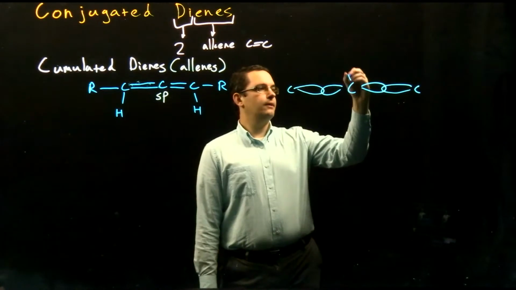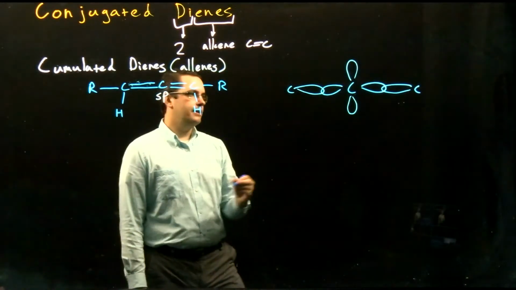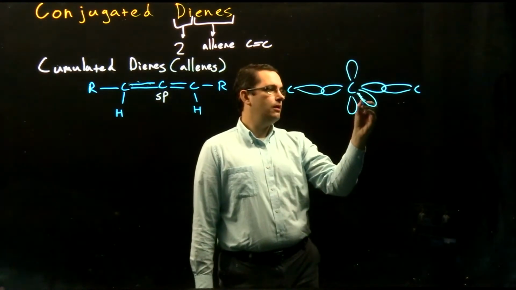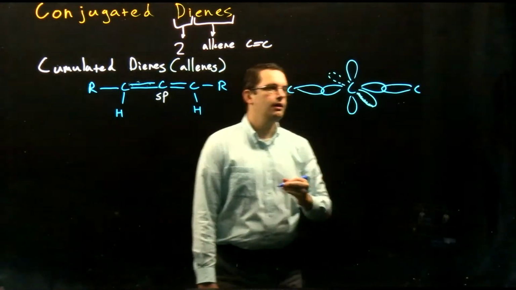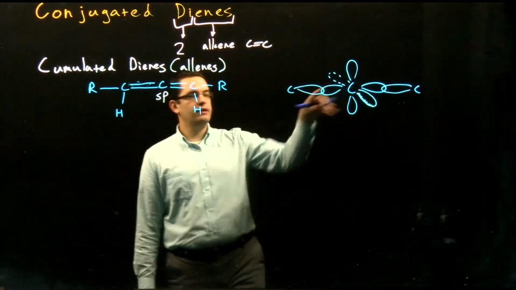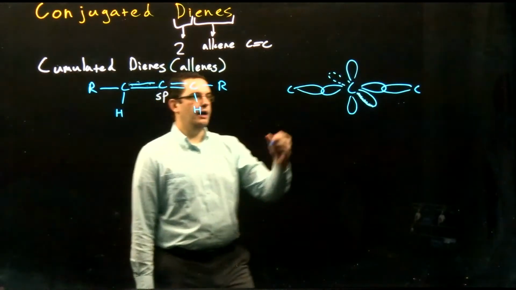And then that leaves us with two free p orbitals. We get one pointing straight up and down, another one coming out directly towards me, and one going back away from me. And we're actually using each of these two different p orbitals to bond with our carbons on either side.